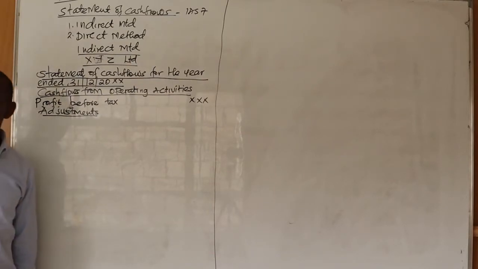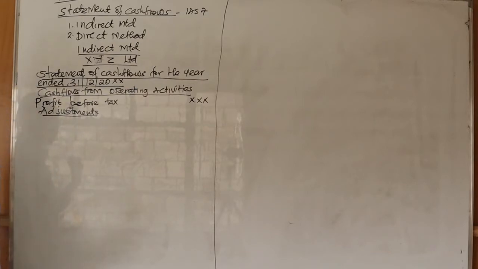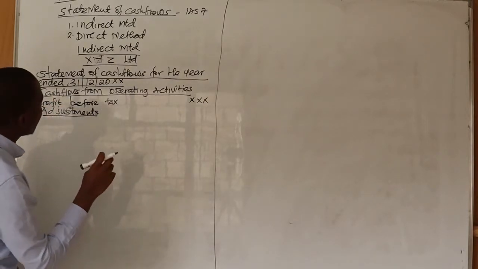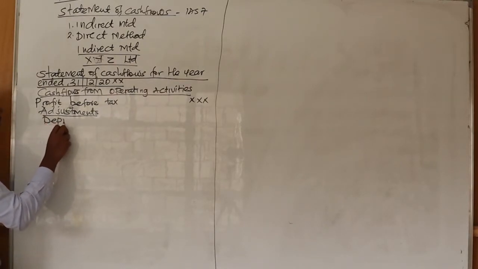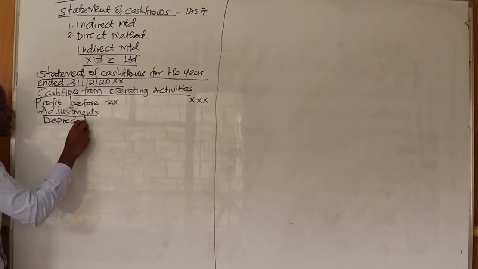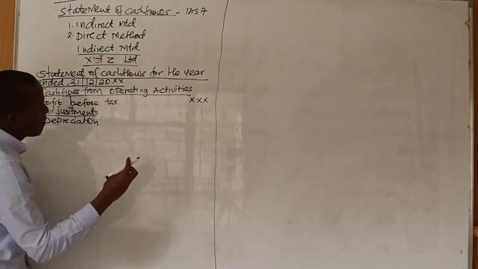Like for example, we know depreciation is a non-cash flow. The loss on disposal, that is as a result of capital expenditure which is supposed to be realized on the investment. So in that case, you will have to add such expenses back, like depreciation.